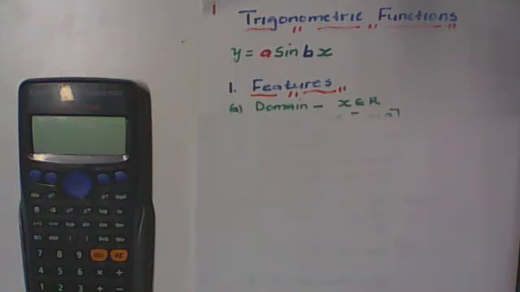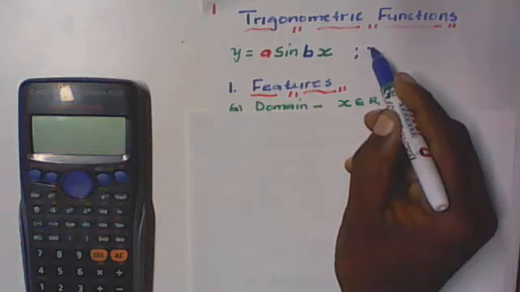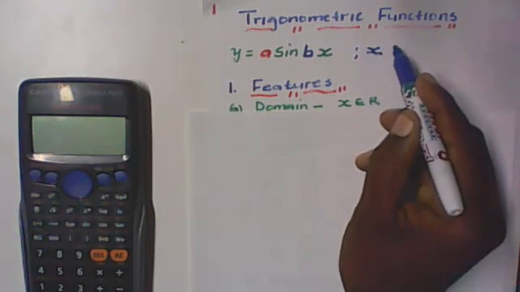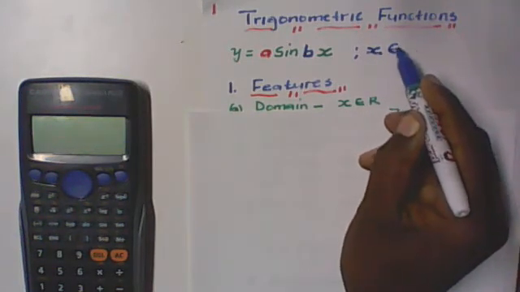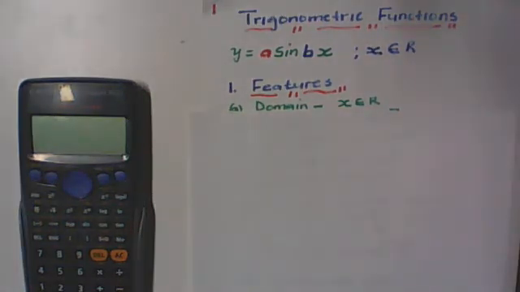Point number one, you have to determine the domain. Say, for example, it is given that our x is an element of real numbers. You have to understand that element of real numbers is any real number, not any number.